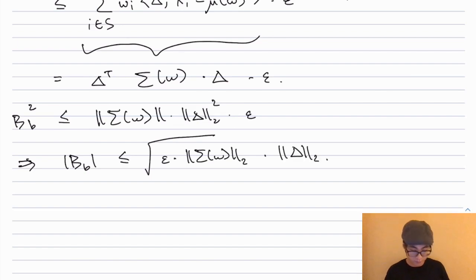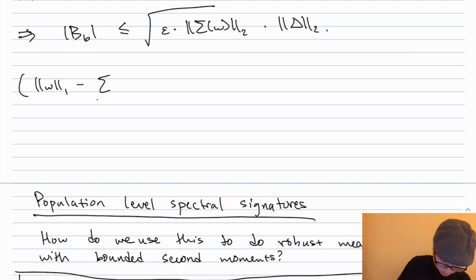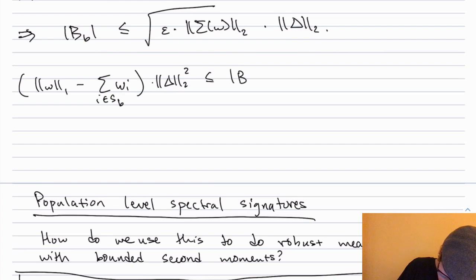And now we're pretty much done, because if you remember, we had the following expression: the L1 norm of W minus the sum of the Wi over S bad, times delta L2 norm squared, was at most B sub good plus B sub bad.